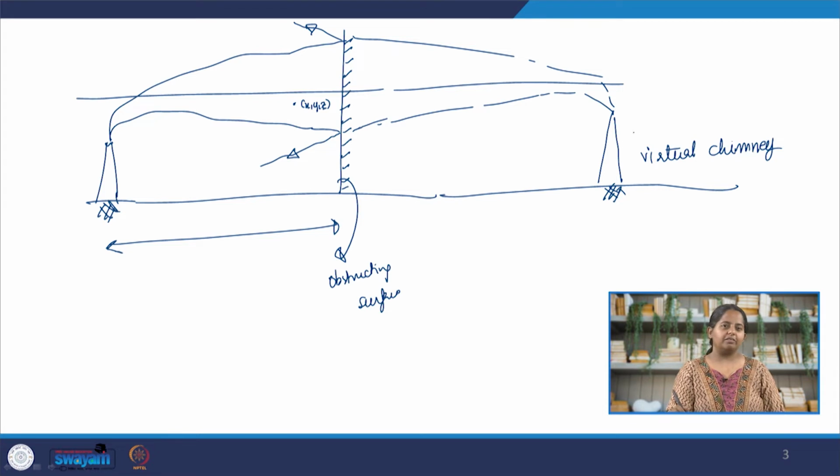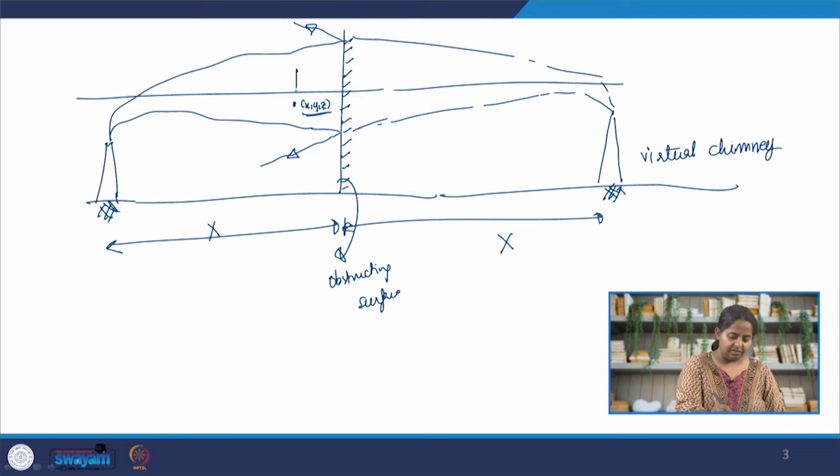So now our calculations become very easy. So let's say this is capital X. We want to find concentration here at a small x, y, z. Then the virtual chimney is also capital X distance away from the obstruction.